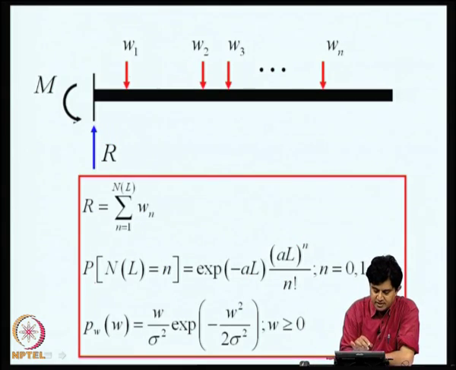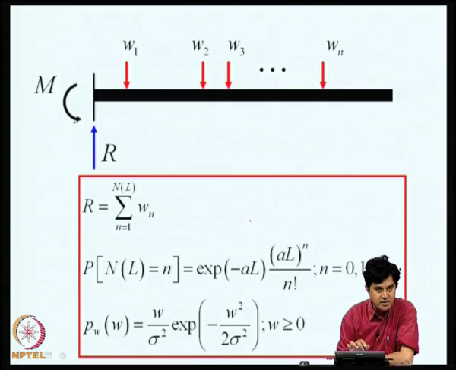So, what is happening is this: W1, W2, W3, Wn are loads at Poisson points, and reaction R and reaction M are to be determined. We are focusing on reaction R. Reaction R is nothing but the summation of n equal to 1 to N of L of Wn. This N of L is a Poisson random variable and Wn is an IID sequence of Rayleigh random variables.